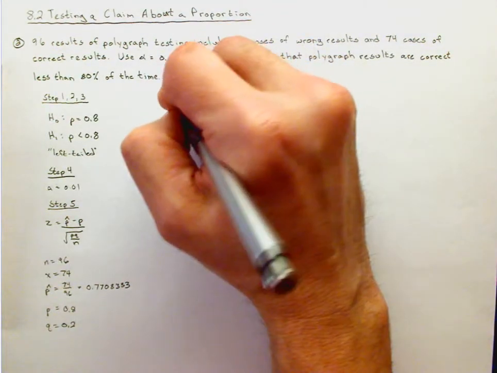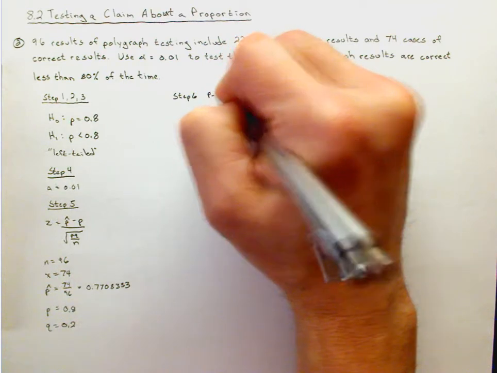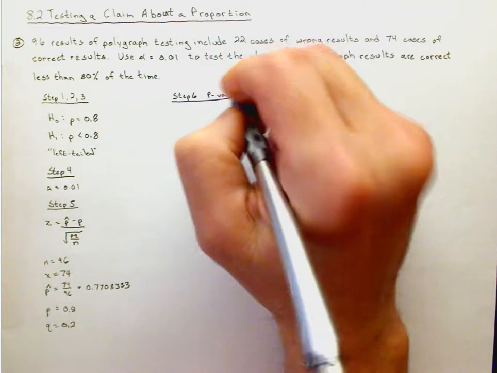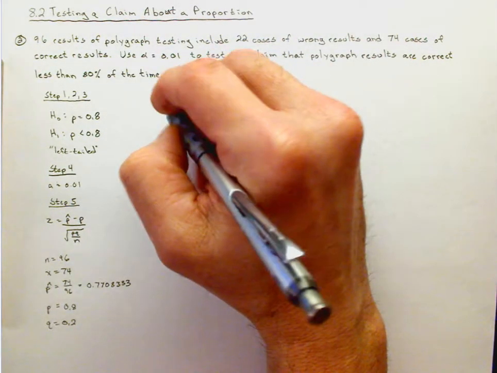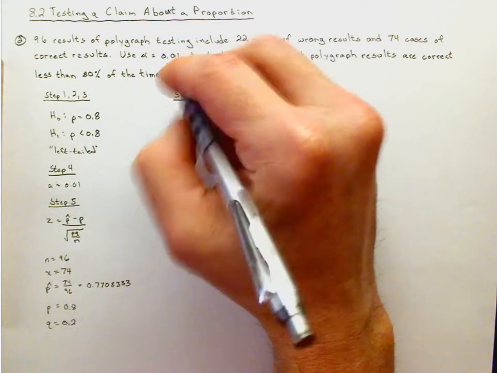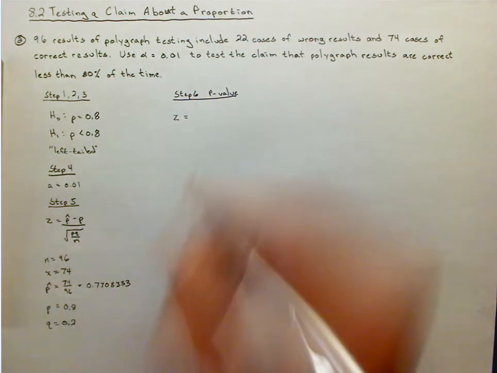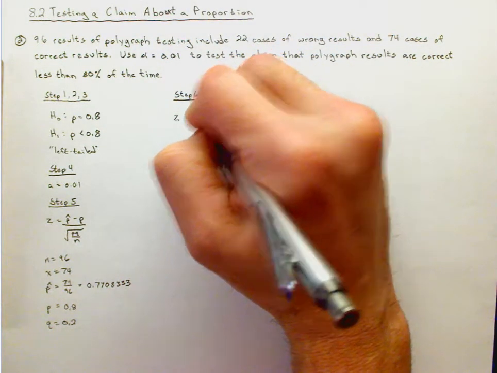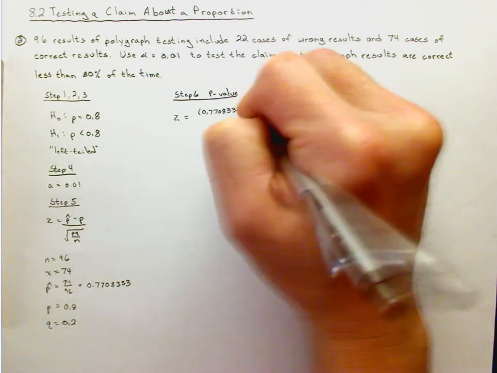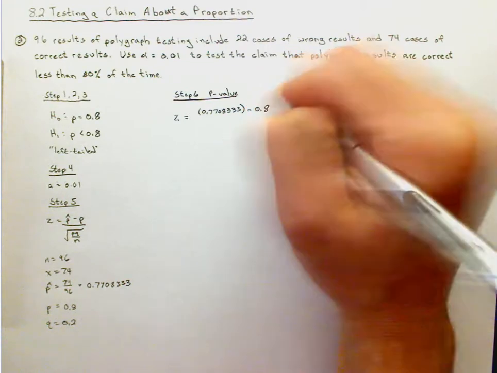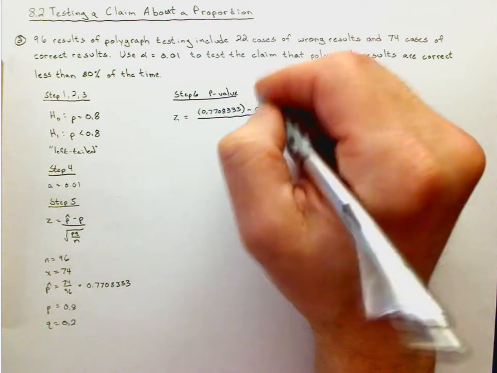So I have all my information. So step 6, and for this, it's the p-value method. Excuse me, I need to plug everything in and actually find my value of z. So p hat was 0.770833 minus my p-value 0.8. And I can already tell I'm going to have a negative z-score for my answer.